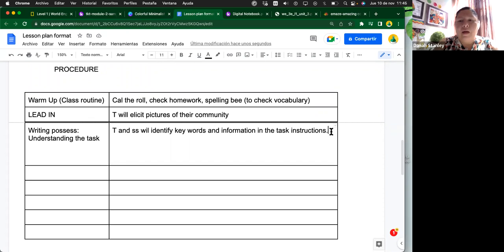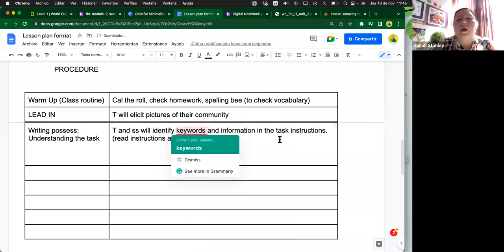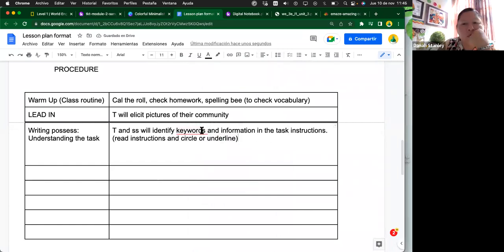Entonces, maybe I can say, read instructions and circle or underline keywords. Okay? All right.